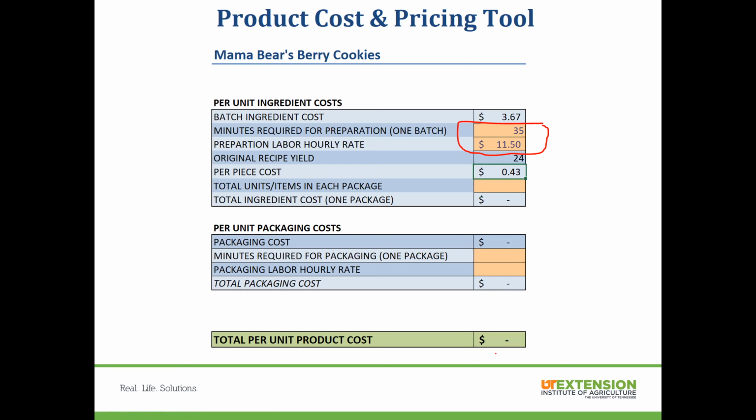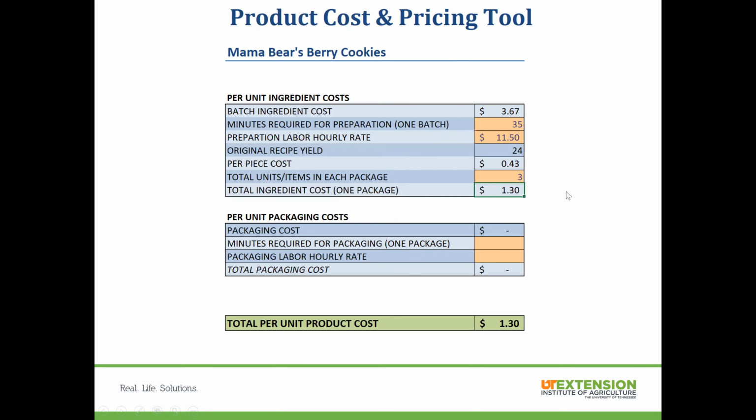Okay, all right. So the next spot on the spreadsheet is the total units or items in each package. So if we want to put more than one cookie in a package, we would type in the number of cookies in that package.